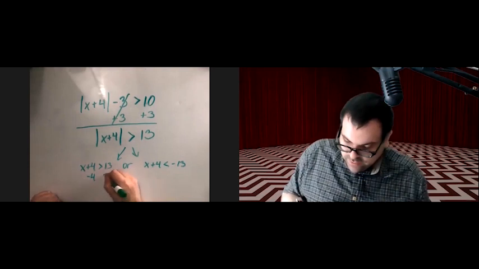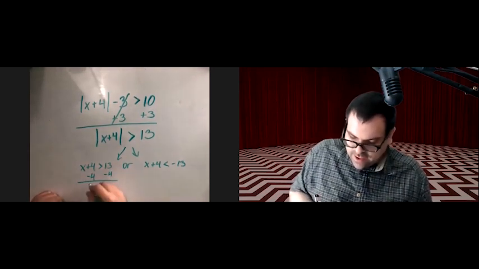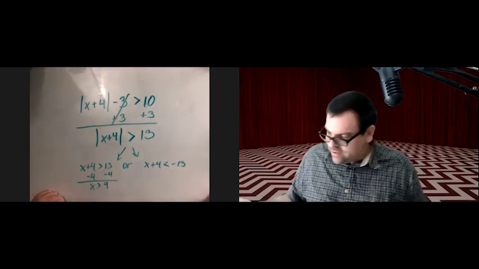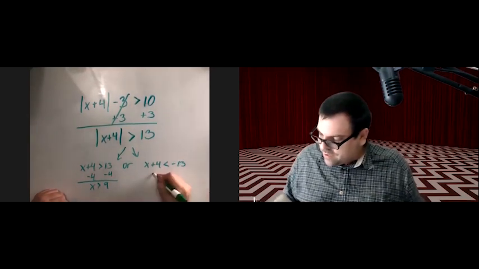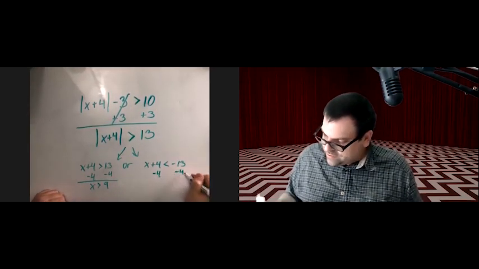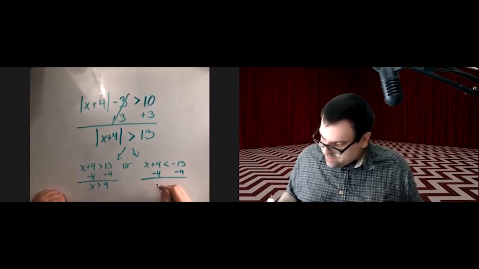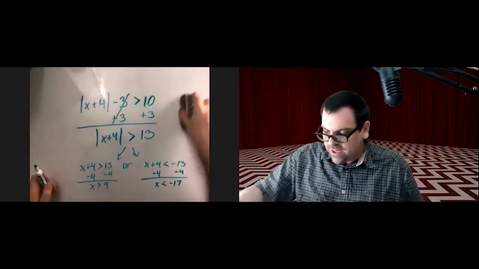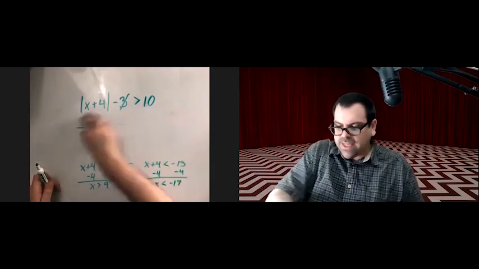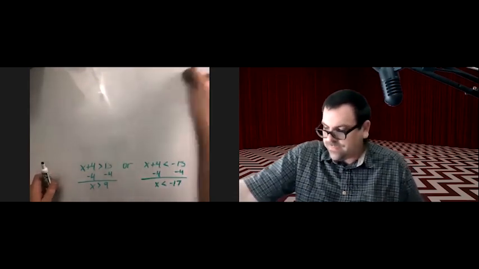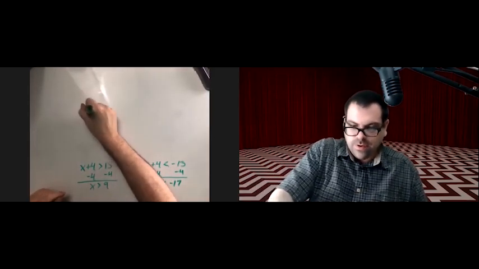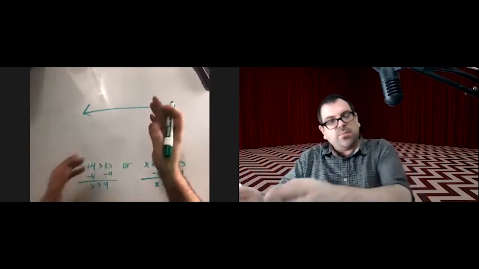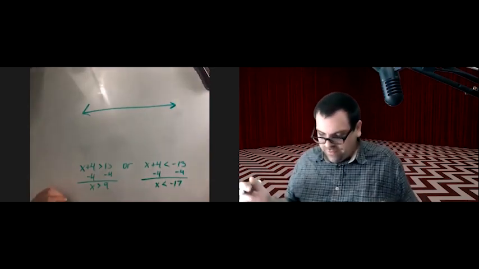Subtract 4 from both sides. X is greater than 9. Subtract 4 from both sides. X is less than negative 17. These are the same things we got when we did it with the less than. But when we did it with the less than, we ended up graphing the middle stuff.